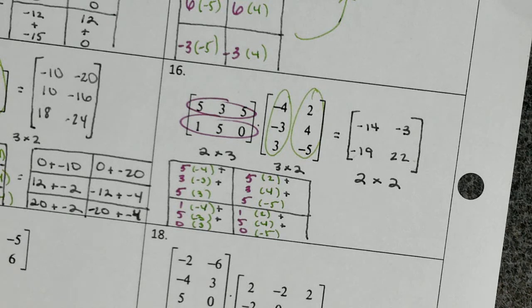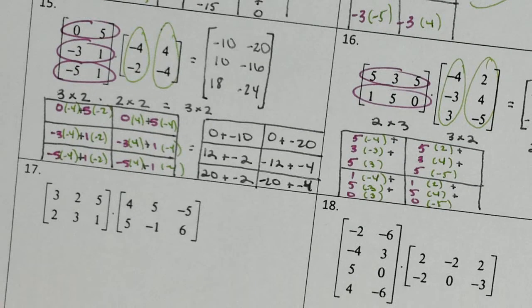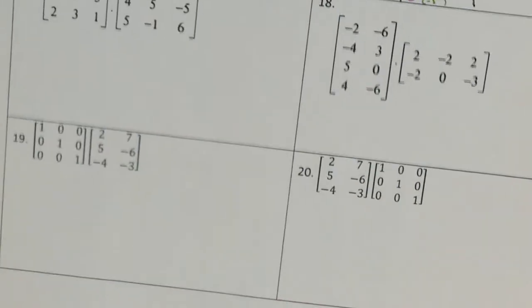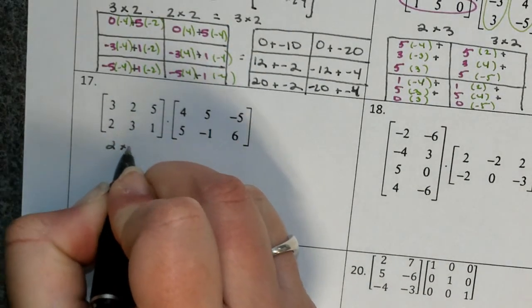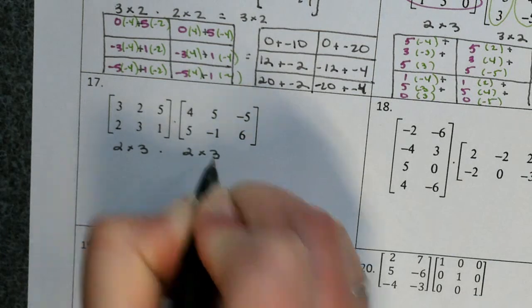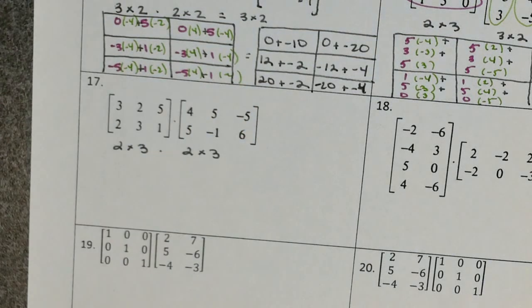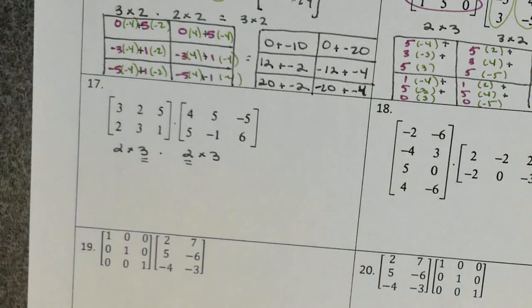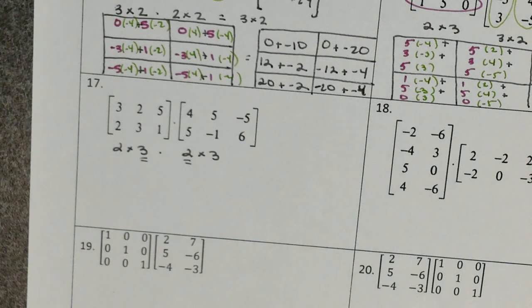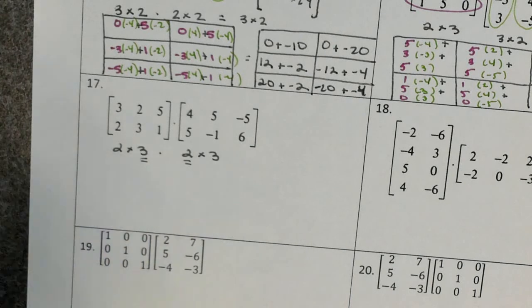Number 17. Number 5, what are the dimensions there? A 2 by 3 times a 2 by 3. Can we multiply these? No. If you look at this number and that number, they do not match. So what do we have to write here?